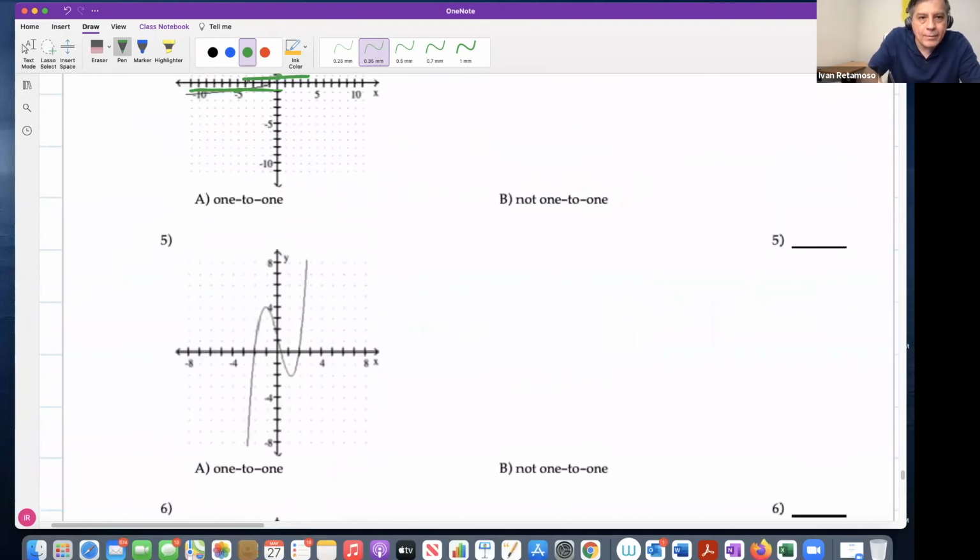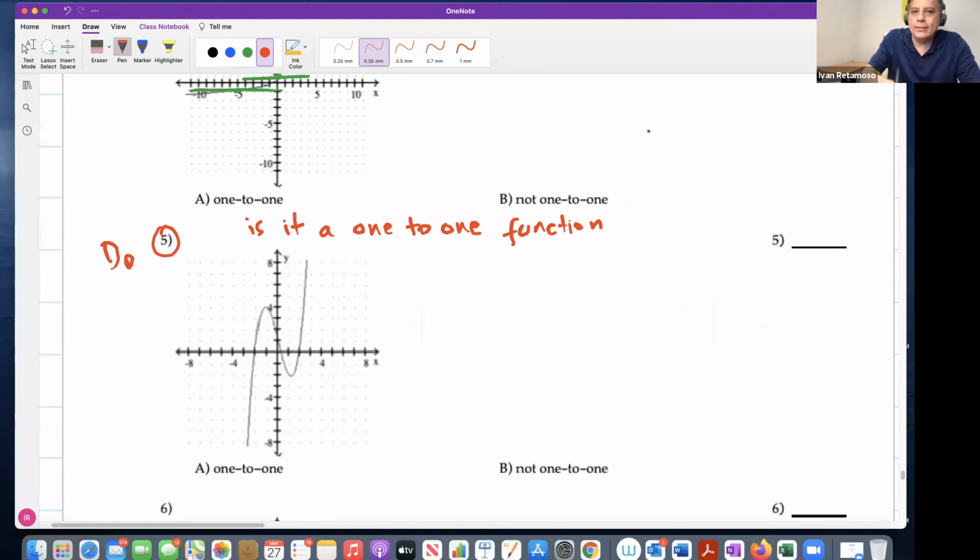What about this? Is it a one-to-one function based on the horizontal line test? Very good. Since they are asking me to determine if this is a one-to-one function, immediately I think of the horizontal line test.